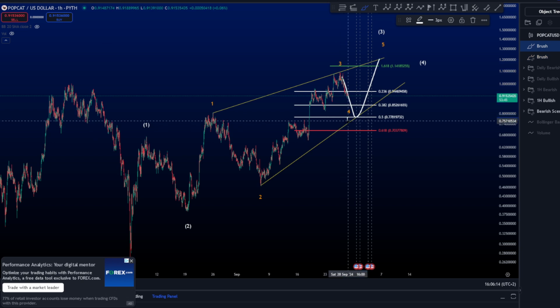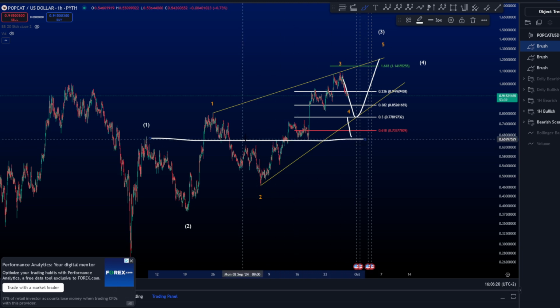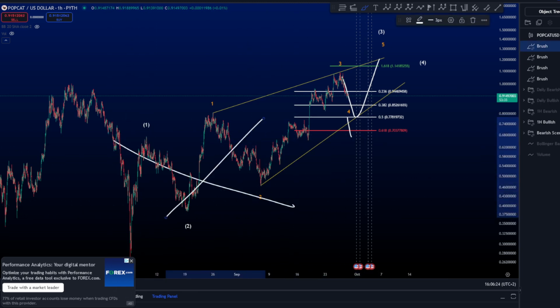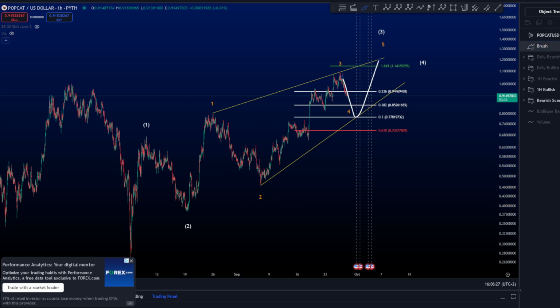However, if we go even lower than the 0.618, then we are in the zone of the previous one, which will invalidate the whole impulse and transform it to 3 corrective waves. Preferably we are still in an impulse until we reach this zone 1, which is at the price of 0.80 cents exactly.